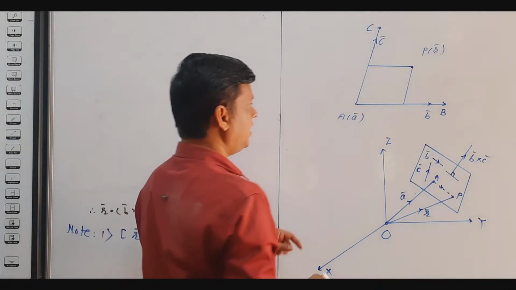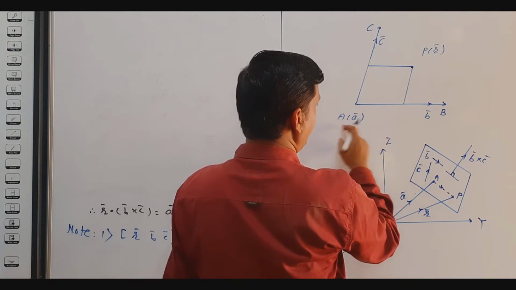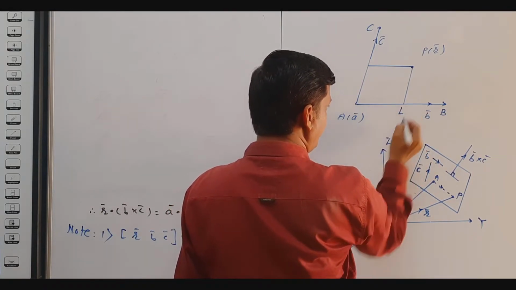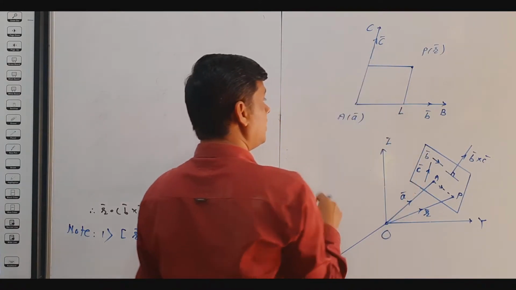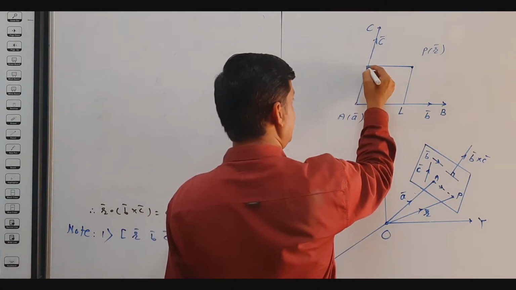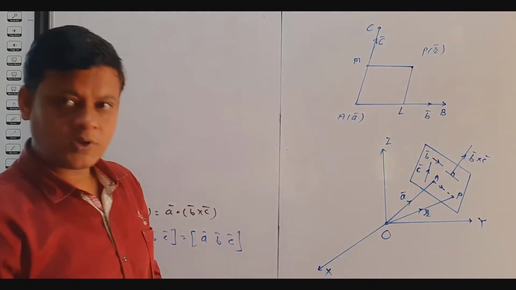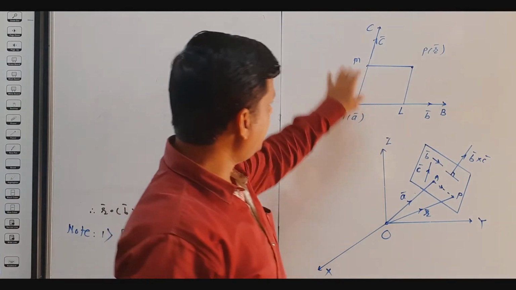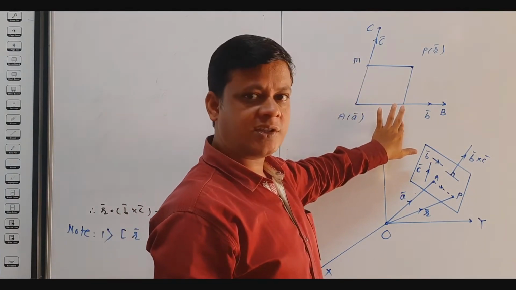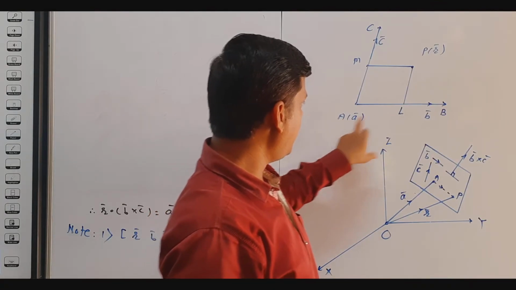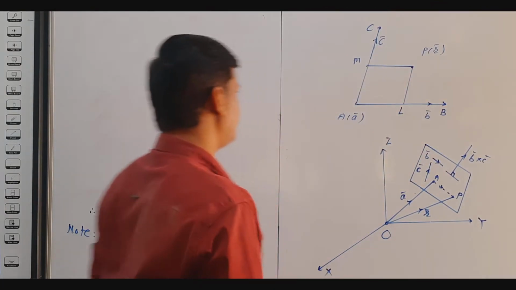So we consider two points, L on vector AB with position vector B bar, and point M on vector AC. Now we consider these points M and L such that they form a parallelogram. That means parallelogram ALPM is formed.